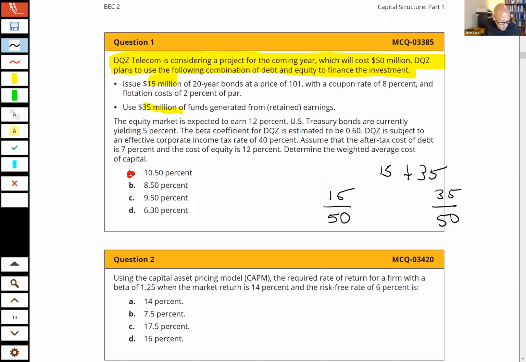They tell me that the interest rate is 8%. But I have to multiply that by 1 minus the tax. Actually, I don't use the 8% here. They tell me the equity is expecting 12%, and that the beta coefficient is estimated to be 0.6. Assume that the after-tax cost of debt is 7%, and the cost of equity is 12%.